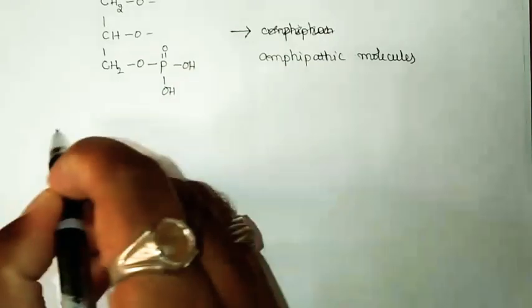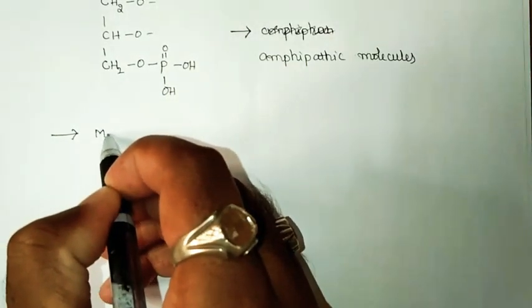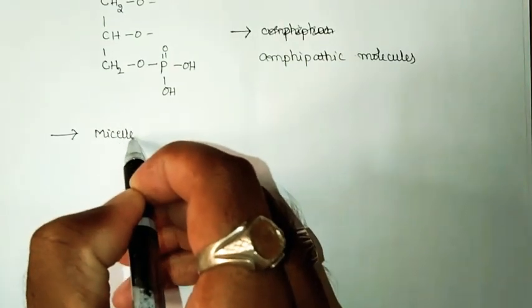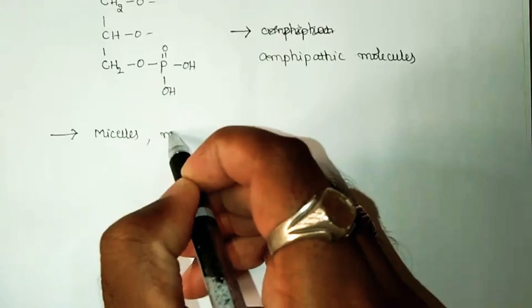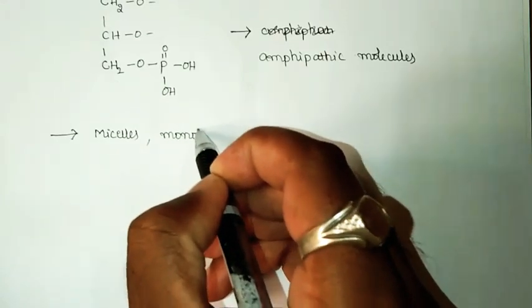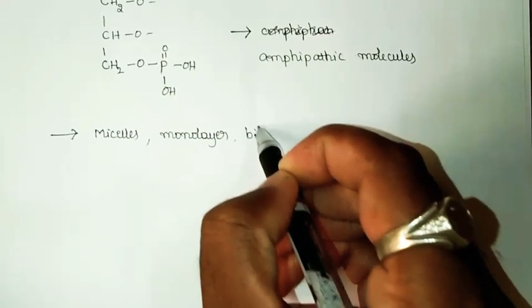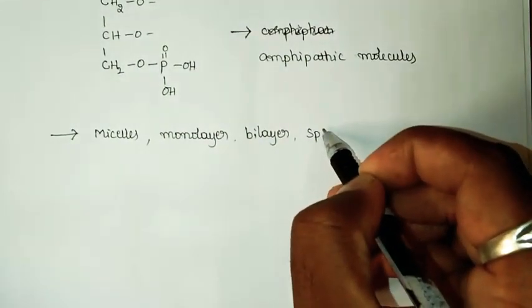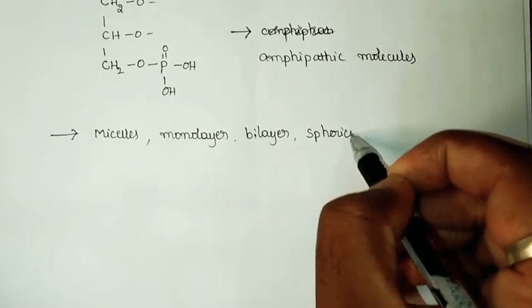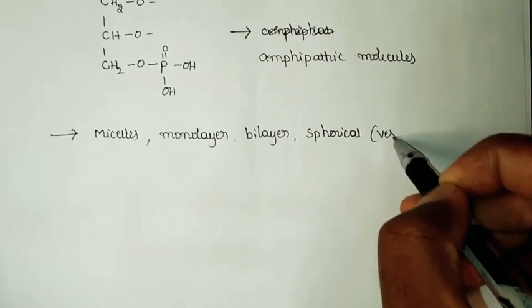When the phospholipid is dispersed in water, the phospholipid molecules readily form micelles. They can readily form a simple lipid monolayer, or they can form a lipid bilayer, or they will form spherical components which are also called vesicles.